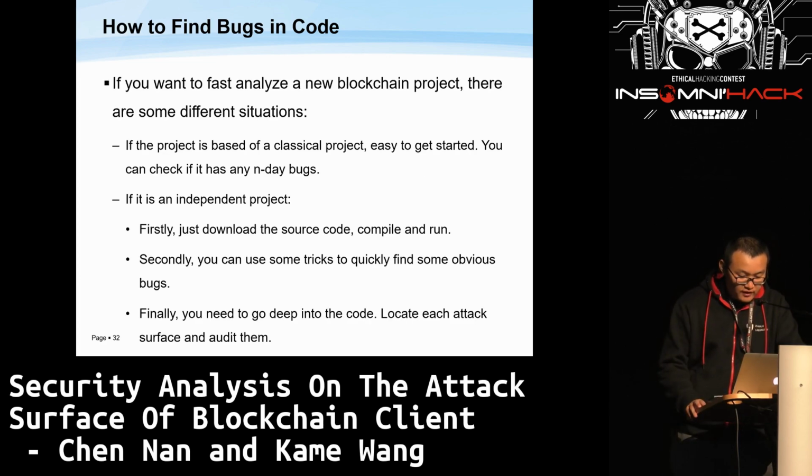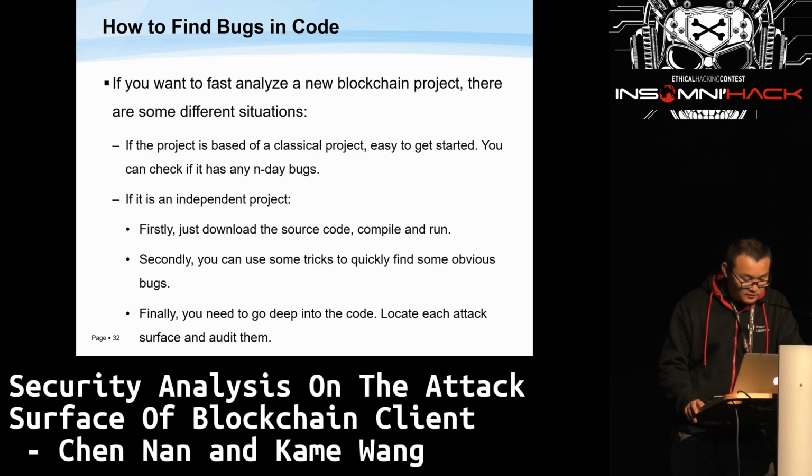If you want to quickly analyze a new blockchain project, there are some different situations. If the project is based on a classical project, it is easy to get started. You can check if it has any N-day bugs. If it is an independent project, firstly, it is not recommended to read the white paper directly.